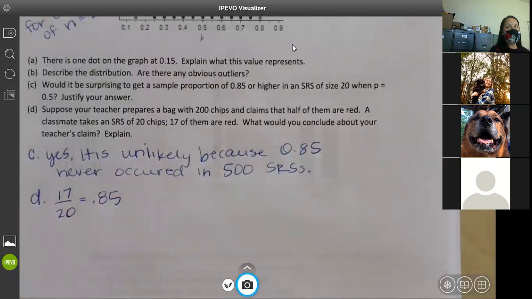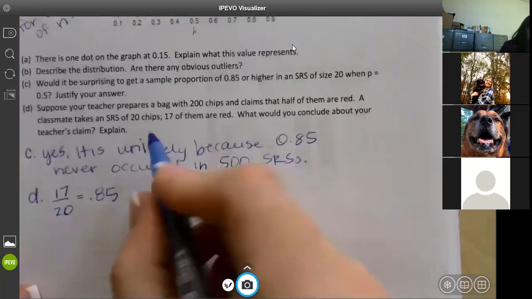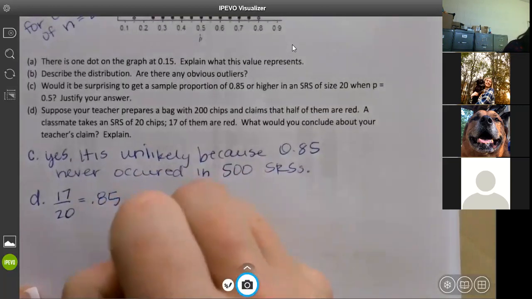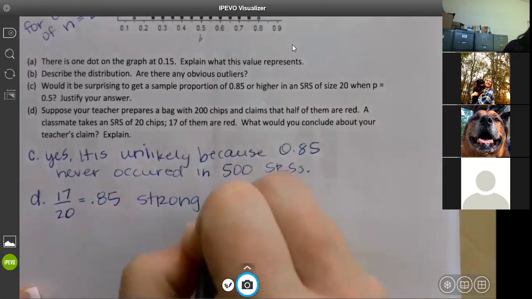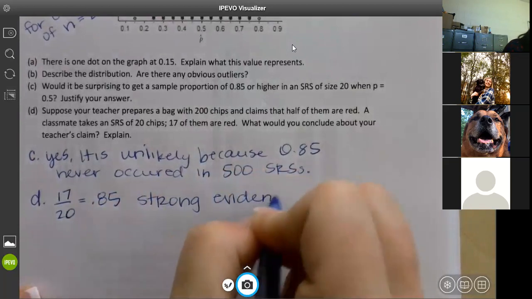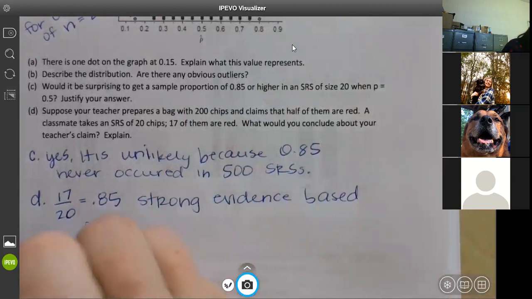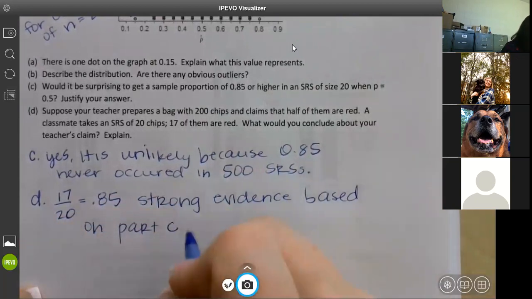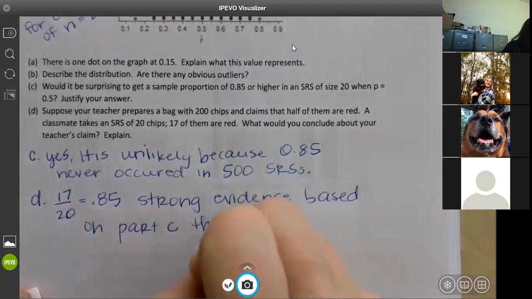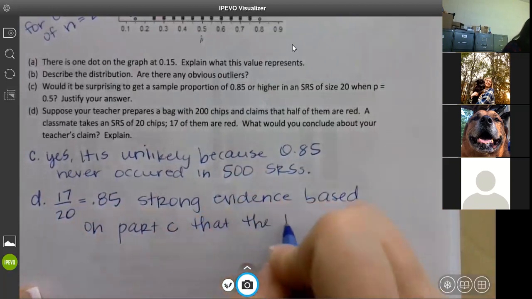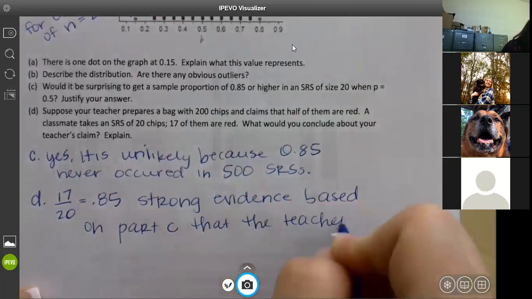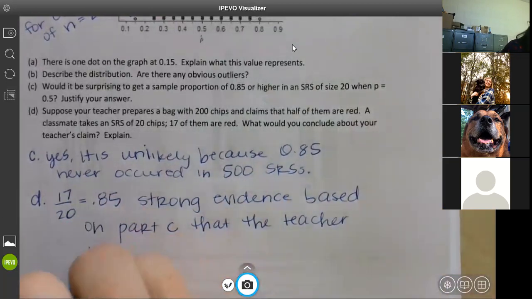So what do you think about your teacher? She's lying. So there's strong evidence based on part C that the teacher is not telling the truth. Oh, I read that question totally wrong. Never mind.